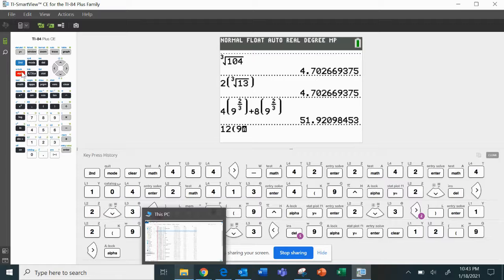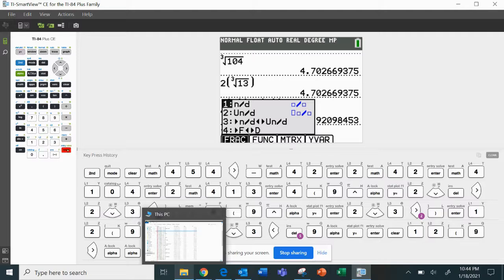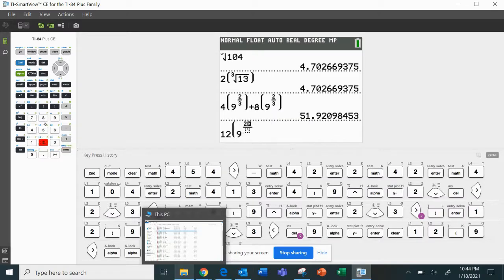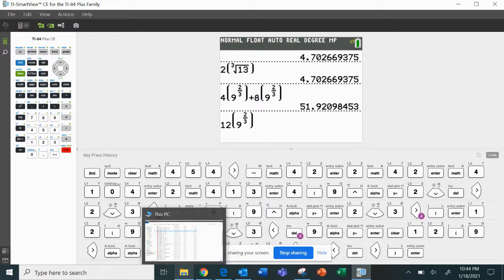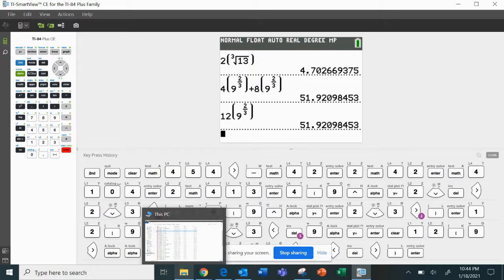Oh, because I didn't hit the right key, I think. There we go. 9 caret, 2 over 3. Okay. So we know that that answer is correct.